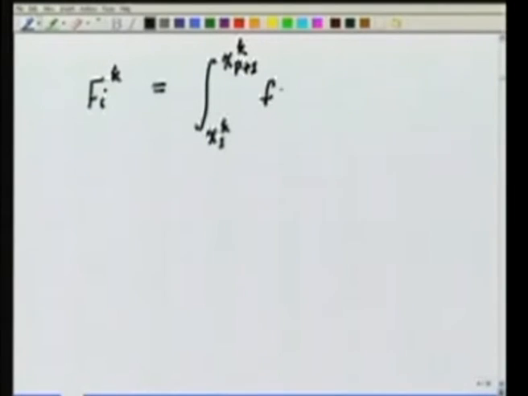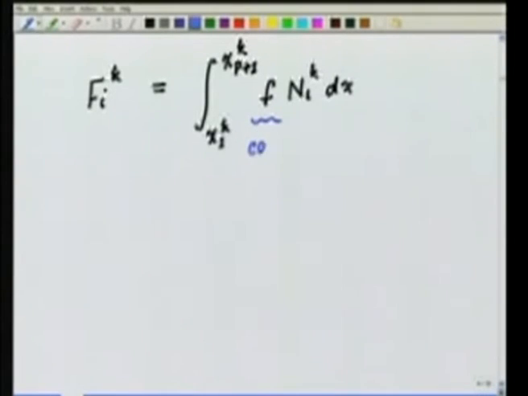Other thing is that if you take the load vector entries, you see that here the load vector has this distributed force term. This could be anything.